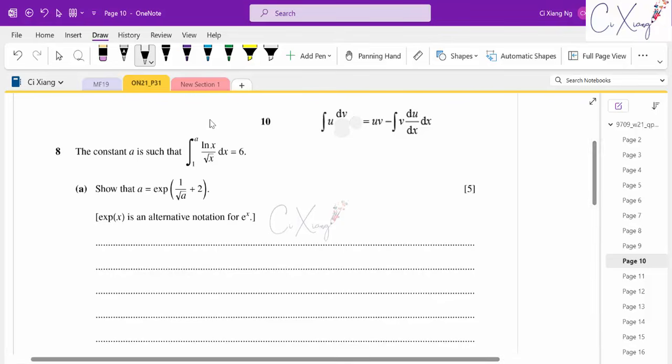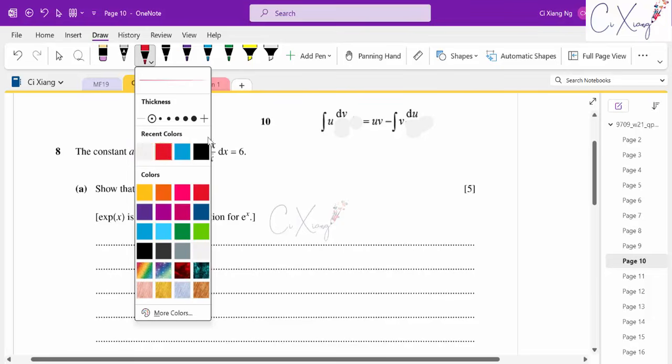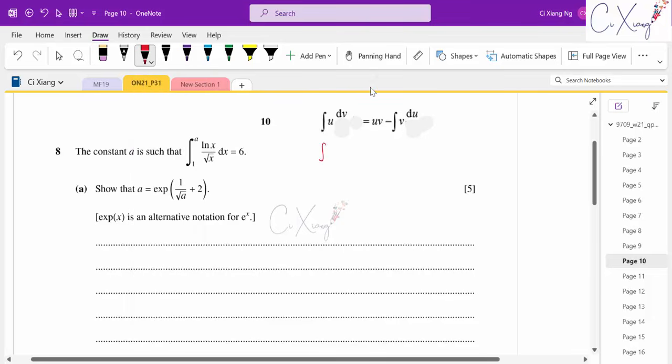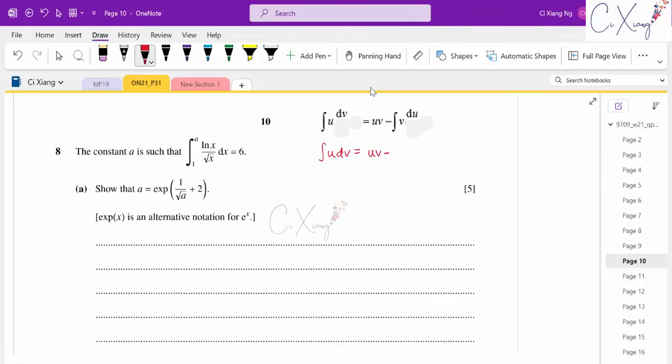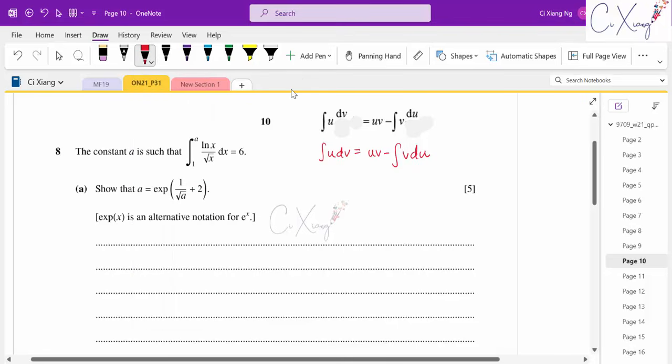So your equation will have u dv, and then this part is also the same, you cancel out the dx with the dx. Therefore, the equation is something like v du. So usually when I discuss this with students, I will use the formula where the integral of u dv equals uv minus the integral of v du.